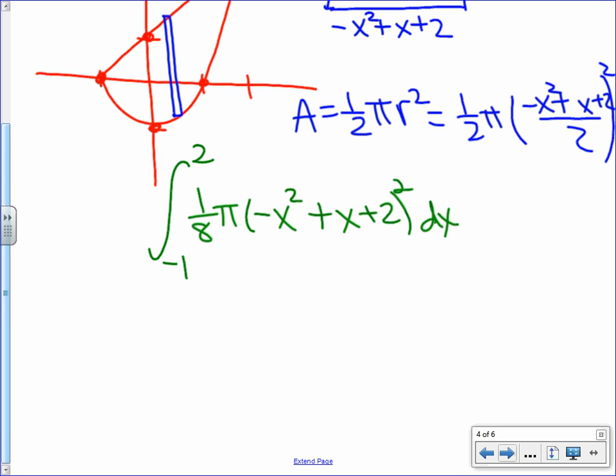Because this is 2 squared, makes it a 4, times 1/2 is an 8. That just made it look prettier, doesn't matter. But if you were to do this by hand, you would want it to look like that first, right? You don't want to do those fractions. All right, we're good at this now.